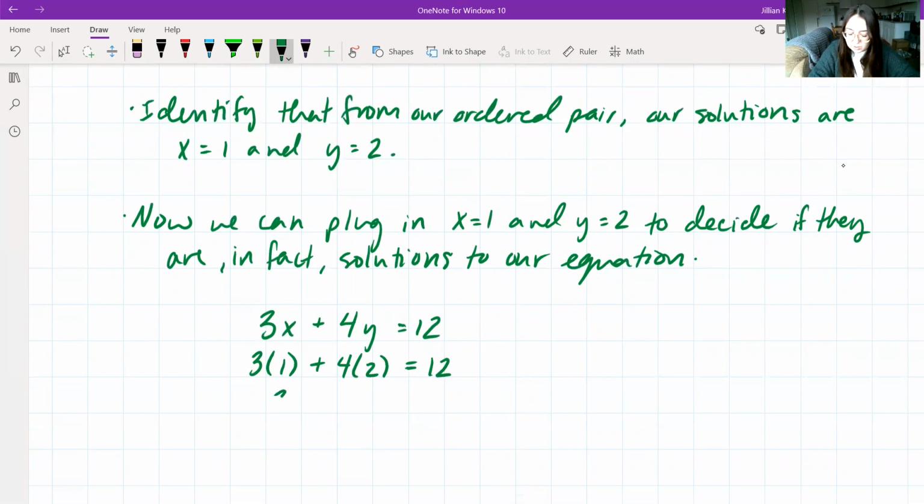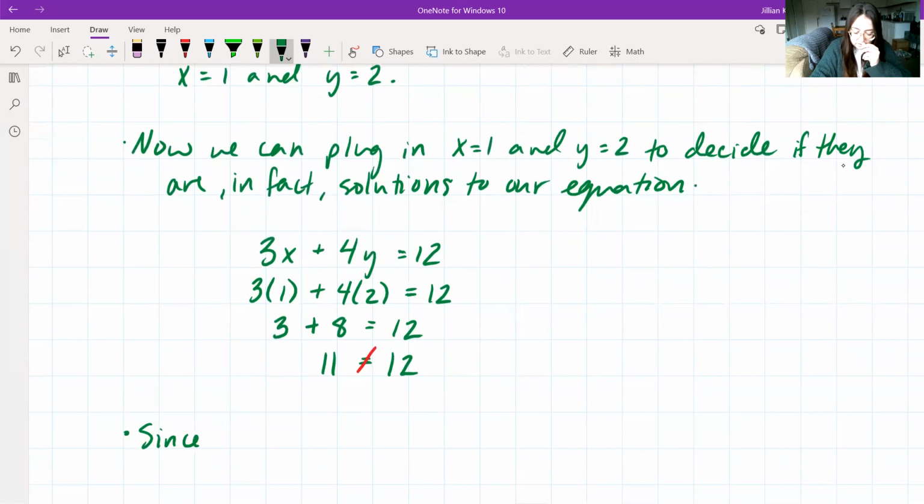Well, 3 times 1 is just 3. 4 times 2 is just 8. We're saying that this is equal to 12. But 3 plus 8 is equal to 11, not 12. So these numbers are not equal.